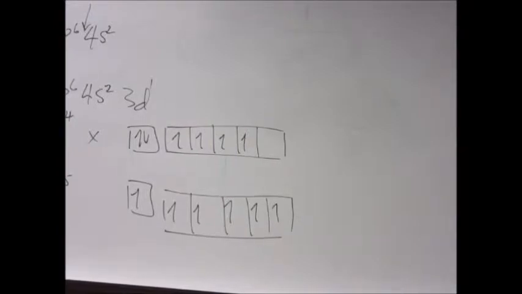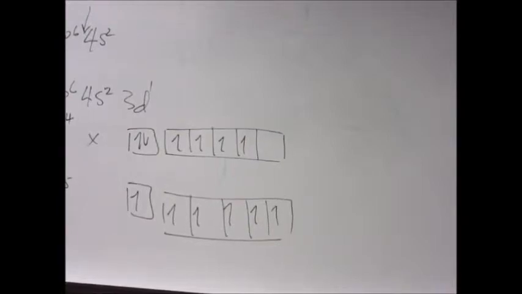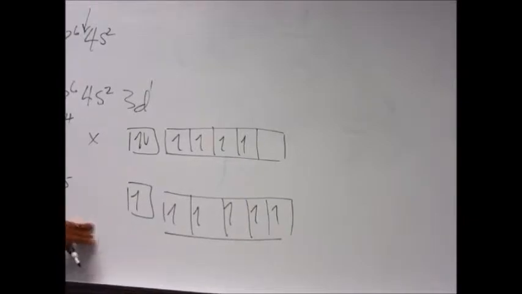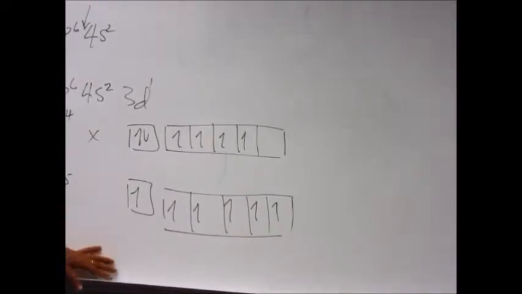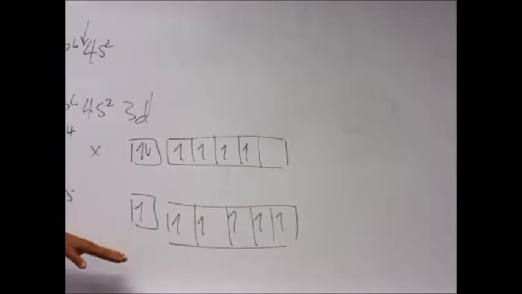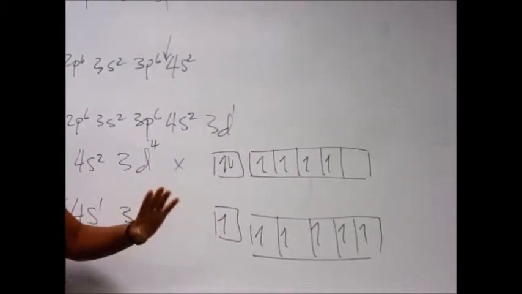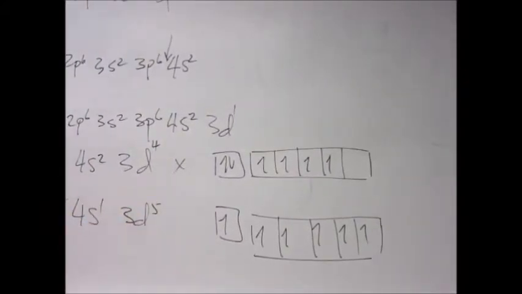The bottom configuration, where you have all the orbitals singly filled, is a lot more stable than the one on the top. So you have an exception here also, which is that you have to fill electrons singly for everything. This happens only in D and F, not for P. You don't want to do that for P orbitals.